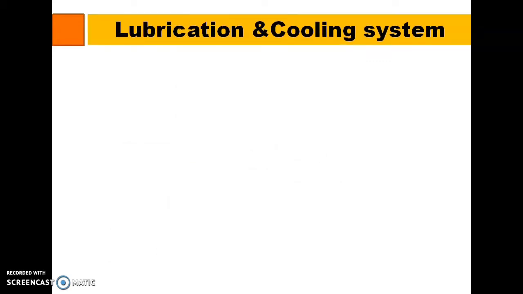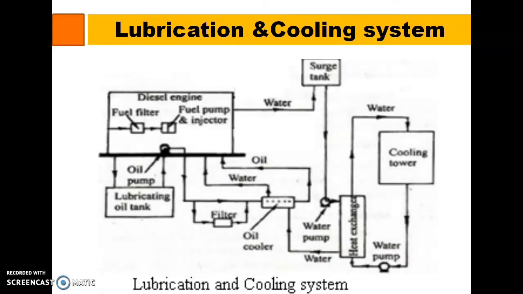Okay. So next one is the lubrication and cooling system. So this is how the lubrication and cooling system is there. As a lot of mechanical work is done in this diesel engine, there may be the possibility of friction and corrosion of the parts of the diesel engine, so those parts should be oiled.